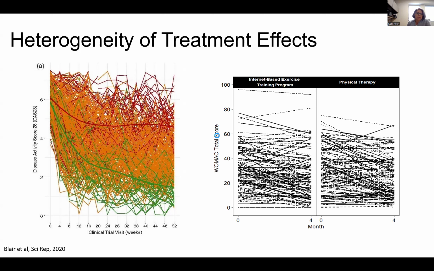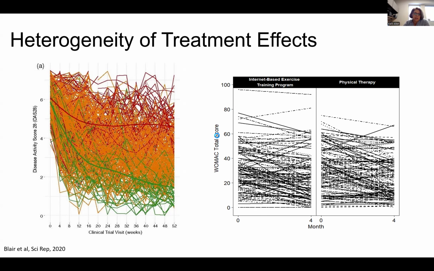The one on the left is from a trial of tocilizumab in RA. And I'll give more details about this later, but you can just see over time, this is 52 weeks of treatment, and you can see the different trajectories of patients. These are DAS scores over time. And then the second one is results from a clinical trial our team conducted, looking at 2 different exercise-based therapies for knee osteoarthritis. And these are WOMAC scores, so self-reported pain, stiffness, and function.